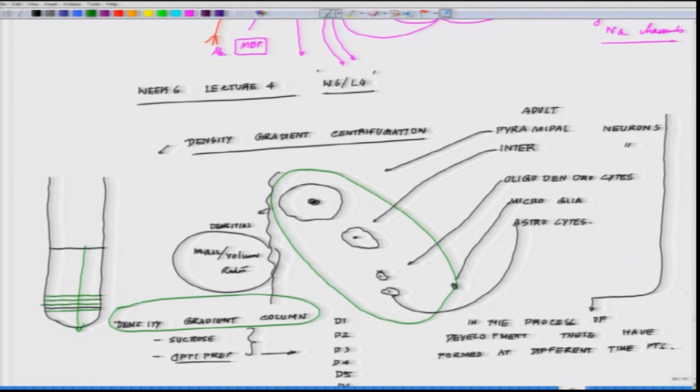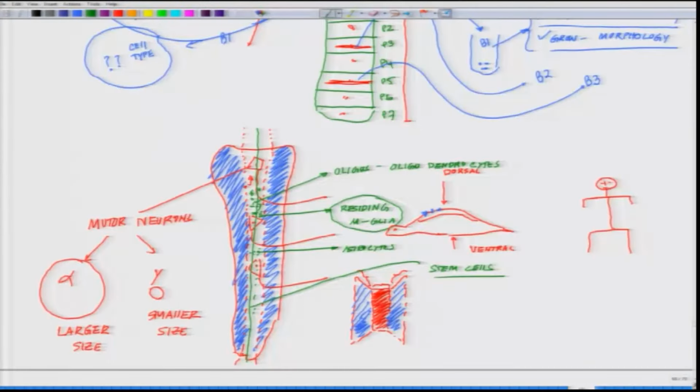But before you do so, you have to first take the embryo and you have to dissect out only this part.